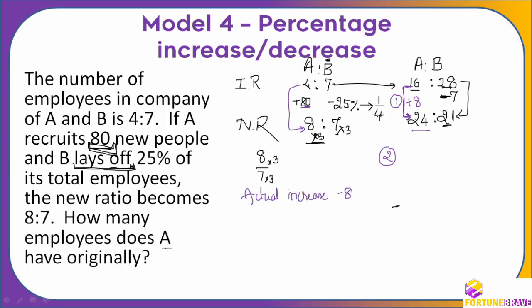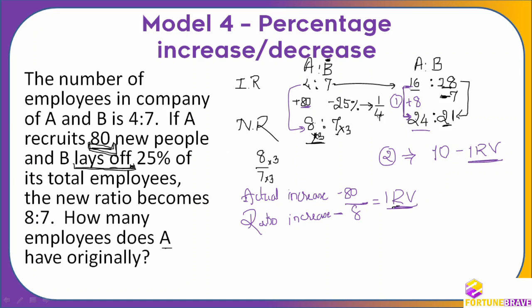It is 80, and the ratio increase, whatever we have created using our knowledge of ratio, we got as 8. So what is one ratio value now? One ratio value is 10, my dear friends. So this is the second step, where I get the one ratio value as 10.